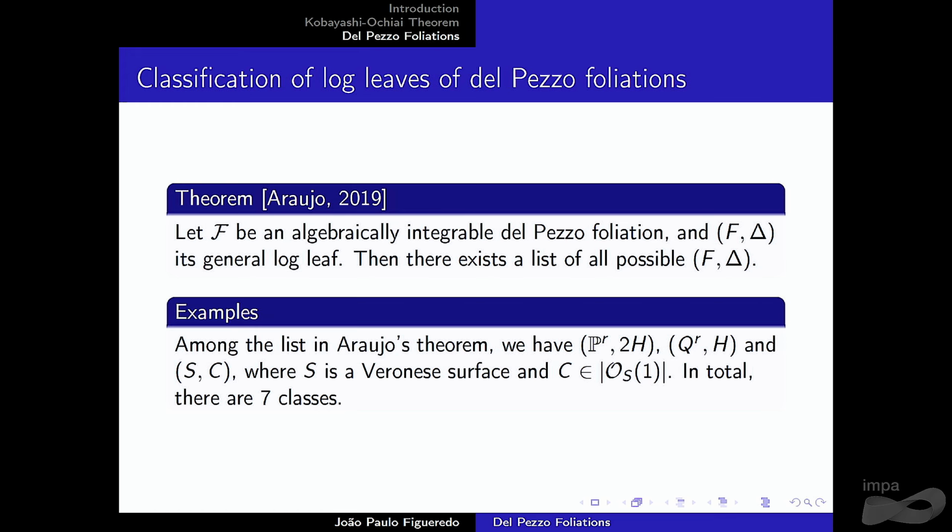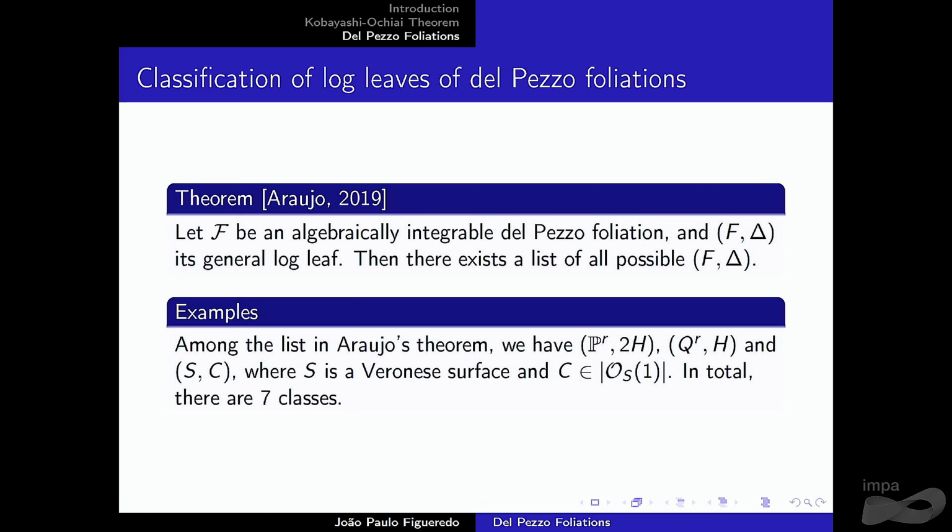More generally, Carolina managed to remove this log canonicity hypothesis, and she gives a list of all the possible (F, delta). I will not give all the cases, but some cases are (P^r, delta = 2H), Q^r, and another one, S, C, where S is a Veronese surface.